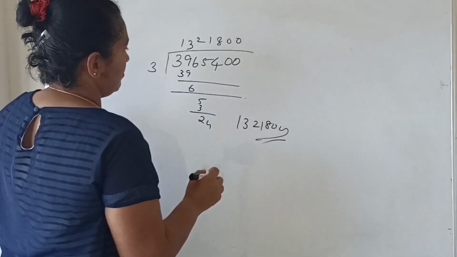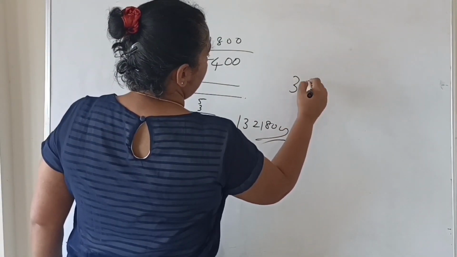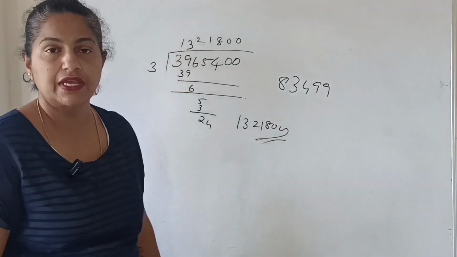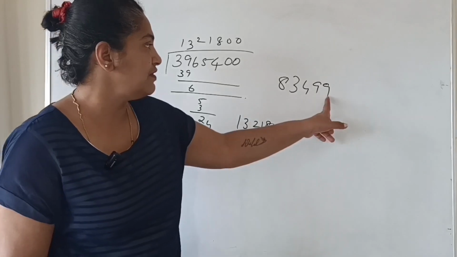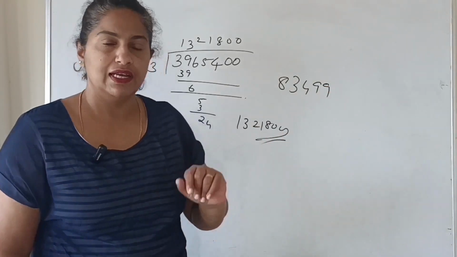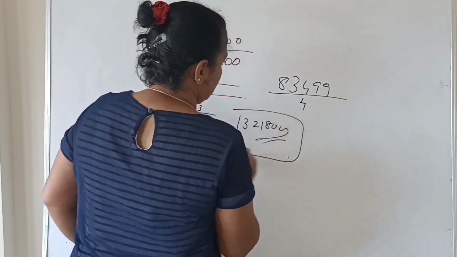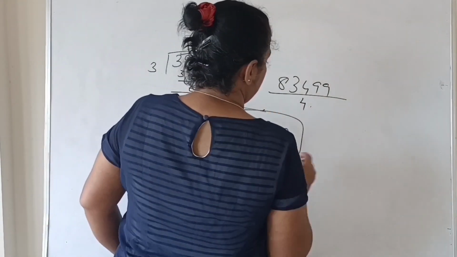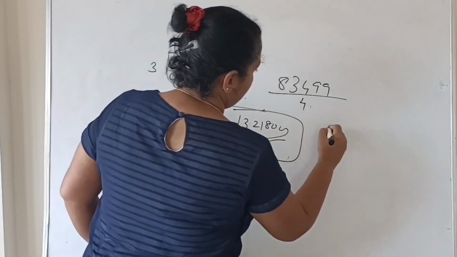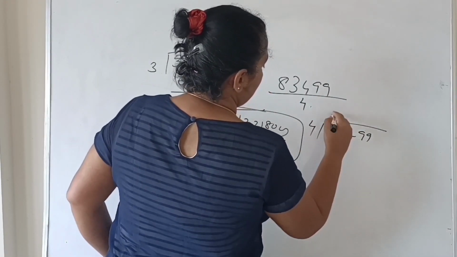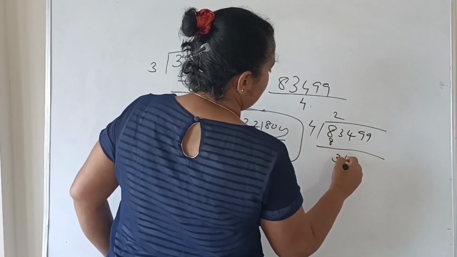Okay, let us take another number, 348349. Now the last digit is 9. It can be a perfect square. Let us divide by 4 this time and see. When I am dividing by 4, 83499, I am dividing by 4. 4 2s are 8, 3.